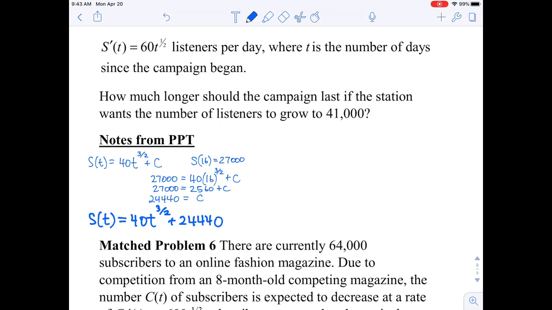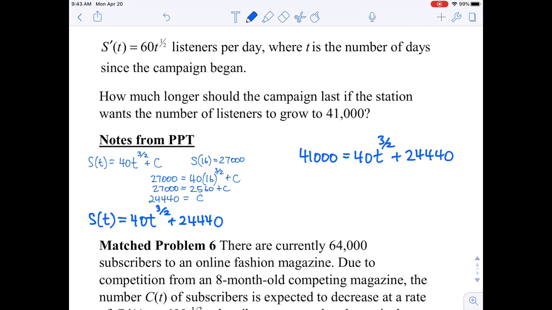It says, how much longer should the campaign last if the station wants the number of listeners to grow to 41,000? So now we use 41,000, substitute that into our equation and solve.